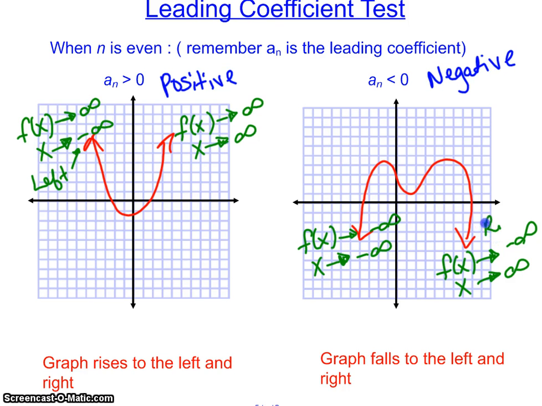Because again, you're talking about the right side. And remember, these end behaviors will be true for all even degrees, depending whether it has a positive leading coefficient or a negative leading coefficient.